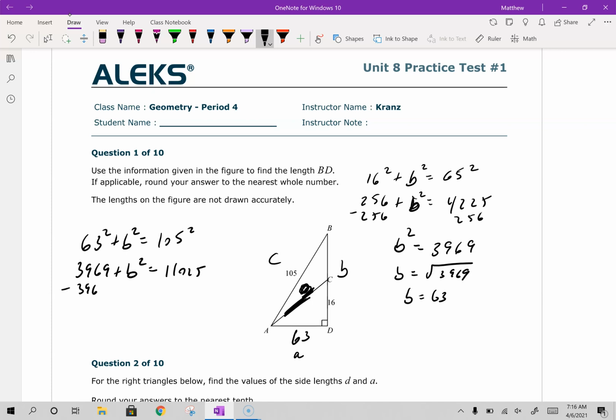Minus 3969 is 7,056. So b squared equals 7,056, so b equals the square root of 7,056, which is 84. So your answer is 84 for this whole side.